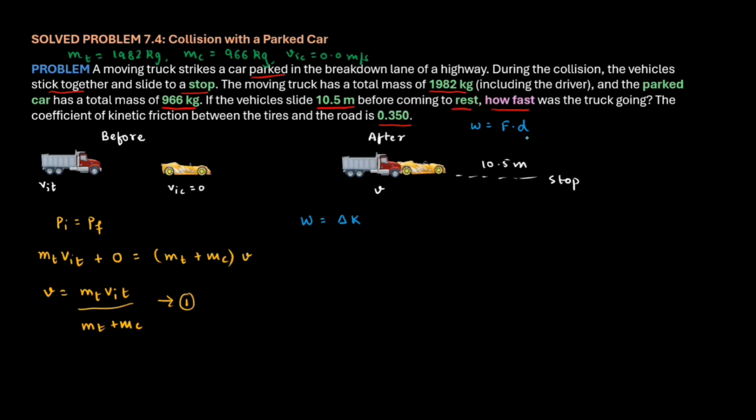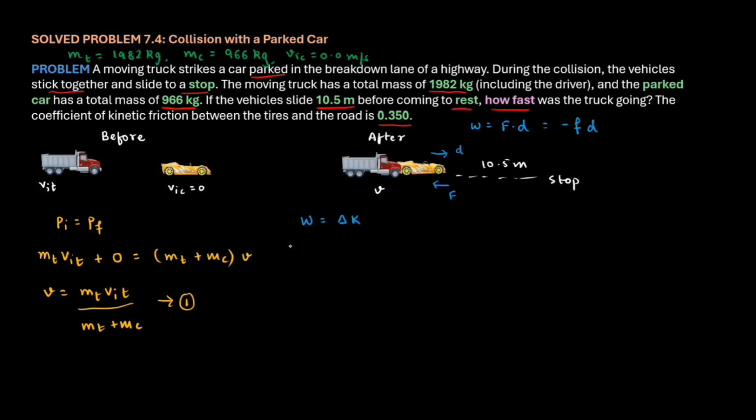And this work is positive if force and displacement are in the same direction, and it is negative if they are opposite. And we know that force of friction always acts in direction opposite to displacement. So if the combination of truck and car were going to the right, the force of friction will be towards the left. So work done by the force of friction will be negative force of friction times the displacement.